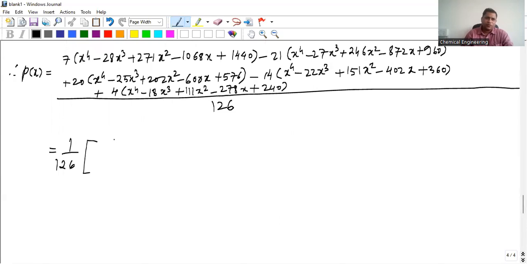So what do you have? This will be 7x raised to 4 minus, how much you will be having here? 196x cubed plus, the term you will be having here? 1897x square.